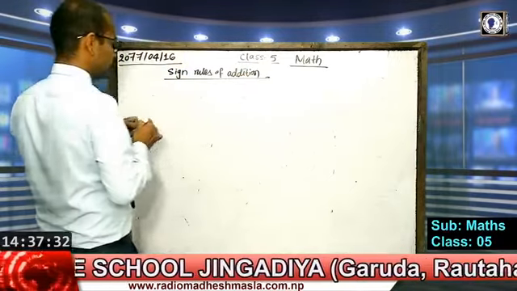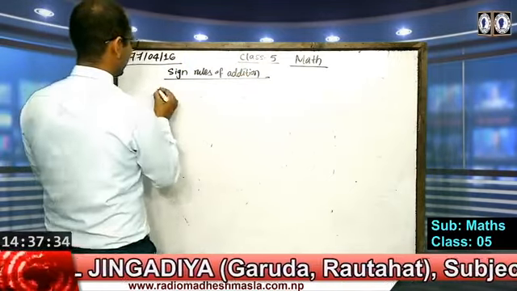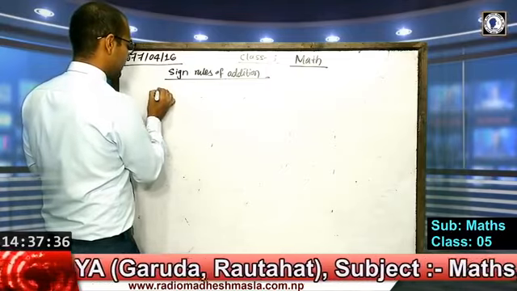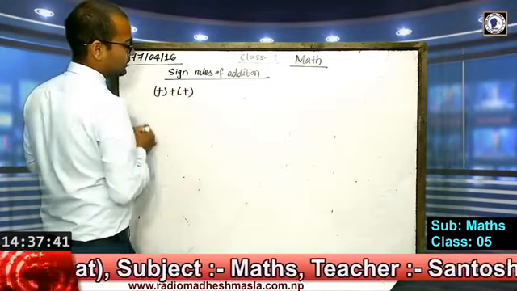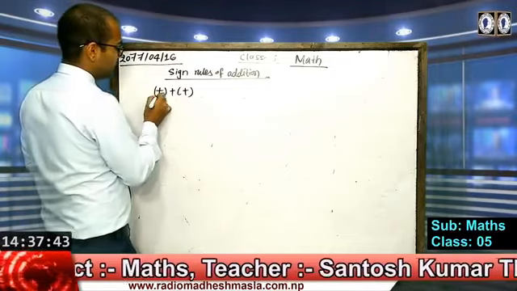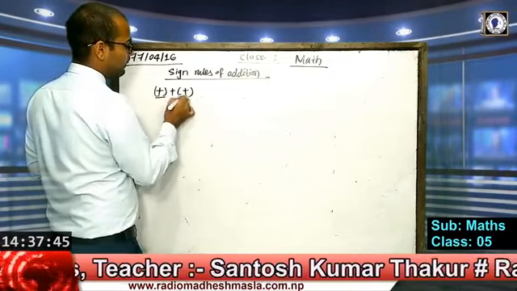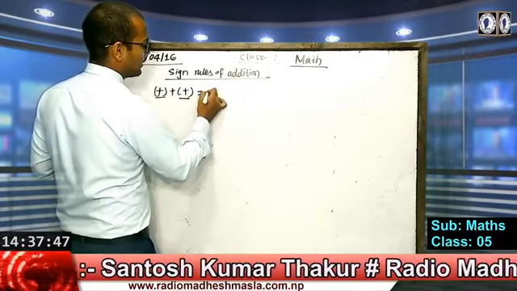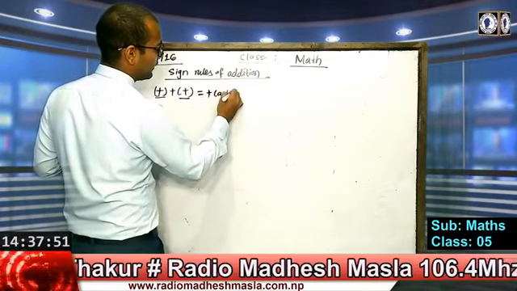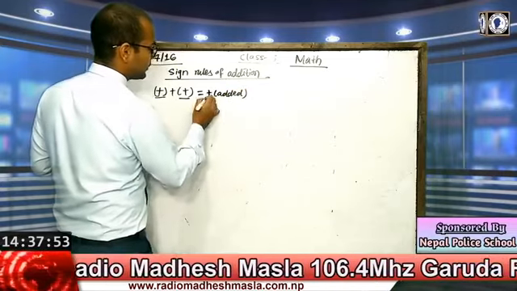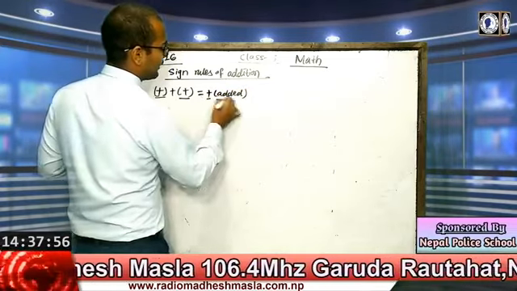If we are given plus and plus, that means when positive is added to positive, we will get positive. The sign should be positive and the numbers should be added.